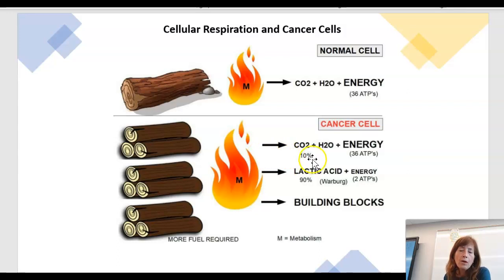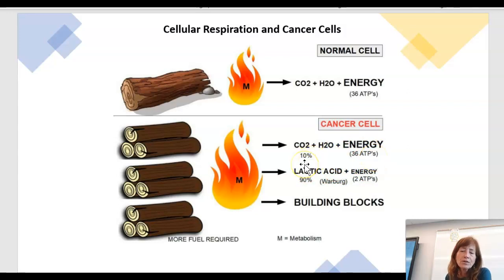And so the cell is seemingly starved for energy because it isn't doing the rest of it, where usually more ATP comes down the line from the parts of cellular respiration that take place in the mitochondria.